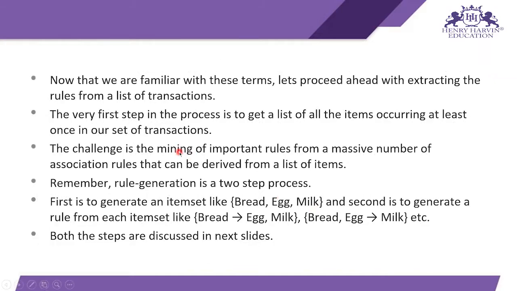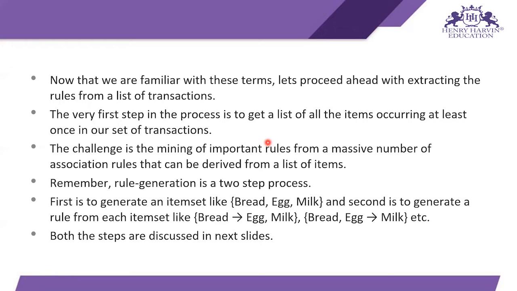Now that we are familiar with these terms, let's proceed with extracting the rules from a list of transactions. The very first step is to get a list of all the items occurring at least once in our set of transactions. The challenge is mining important rules from the massive number of association rules that can be derived from a list of items.